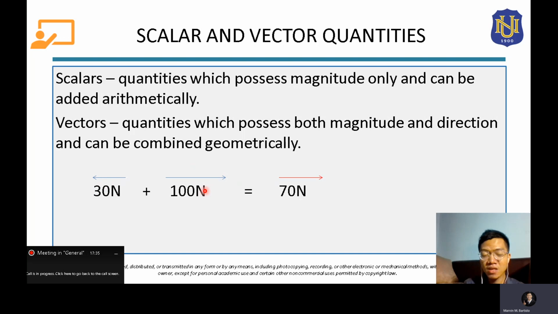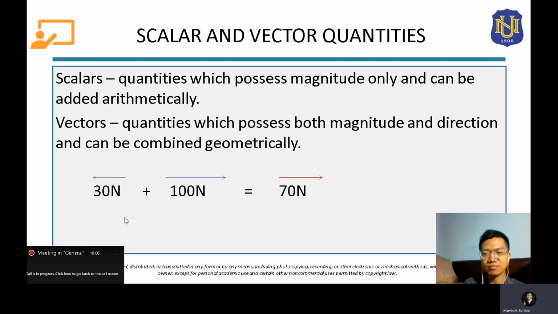So if we sum these forces up, taking into consideration their direction, it will be 70 Newton, right? And it will be directed to the right since the larger force is directed to the right, so it will govern. So this will be the sum of these forces if we treat them as vectors. So we took into consideration their direction. So that's how you add vectors.